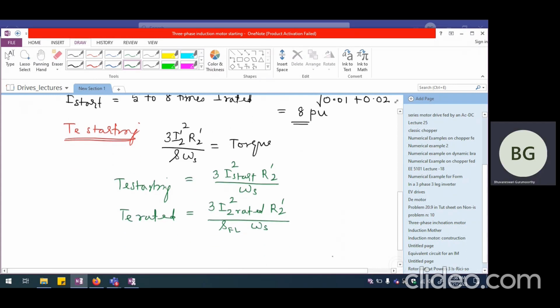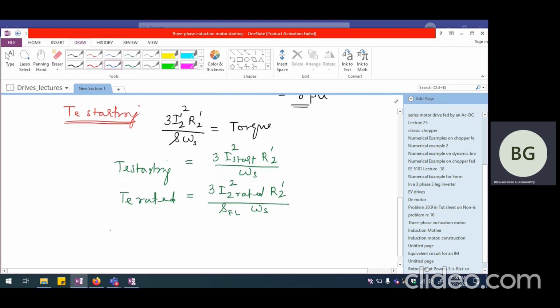So let me look at the ratio of the starting torque to the full load torque. Let me write this as TE start divided by TE full load or TE rated. The 3 and 3 will get cancelled.